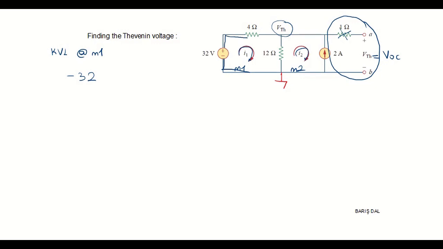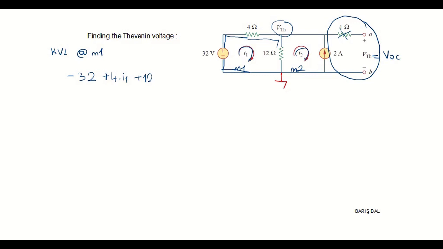The voltage across the 4 ohm is 4 times the current I1. Then we continue and we come across the 12 ohm, so the voltage across it is 12 ohm times the current on it.